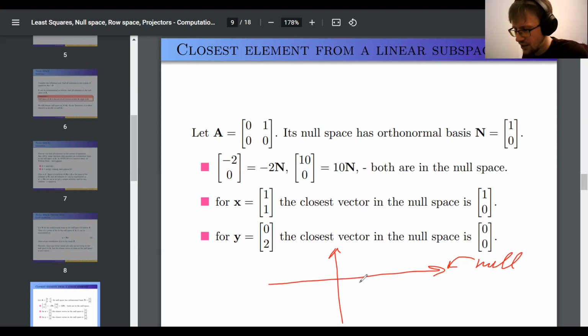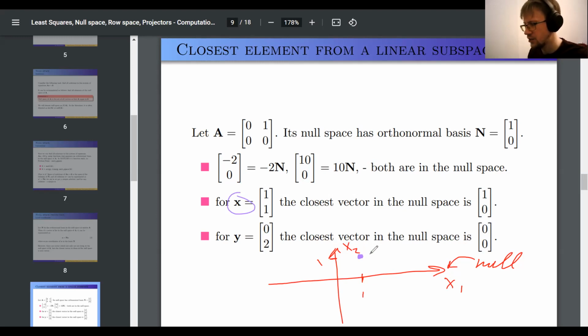Okay, so let me just show you graphically what it is. Let's say here is 1, here is 1. This horizontal line is the null space, by the way. This is x1, x2. So I will draw this vector here as a big dot.